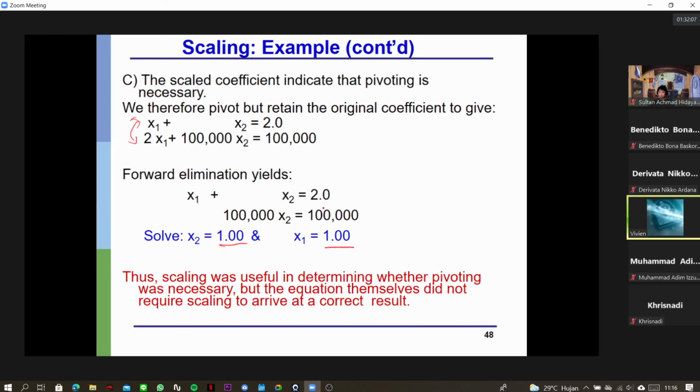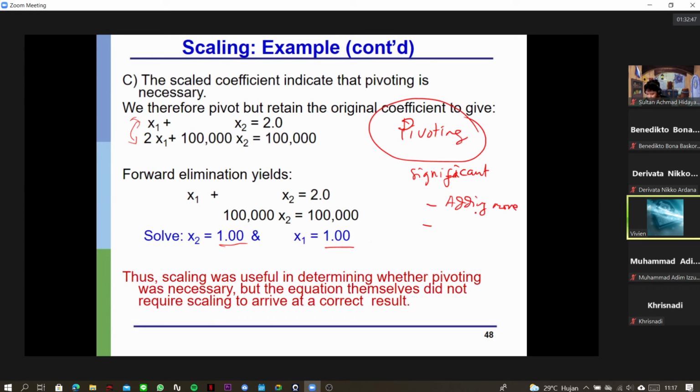So if we look in here, what is the main approach that can be performed to reduce the error, to improve the solution of the Gaussian elimination? First is pivoting. We can see here that pivoting has a very significant effect on the calculation of the Gaussian elimination. After pivoting, the next one is adding more significant digits and so on.